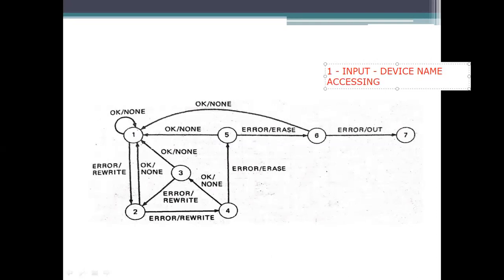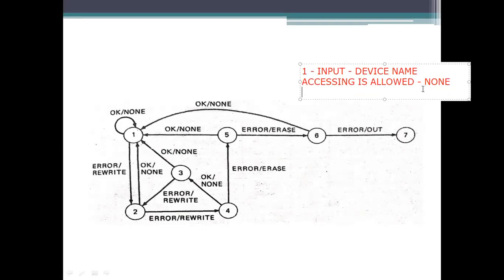So if the accessing is done, it means accessing is allowed. Then what will be the output here? It will specify it as a none state, or the not none state. Nothing has to be performed here, just access the data.